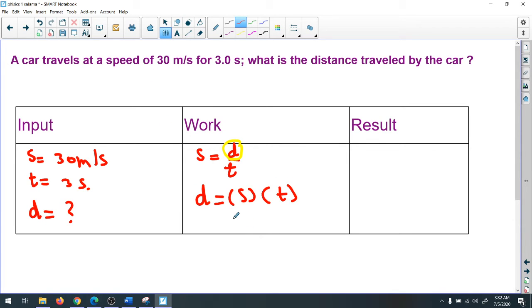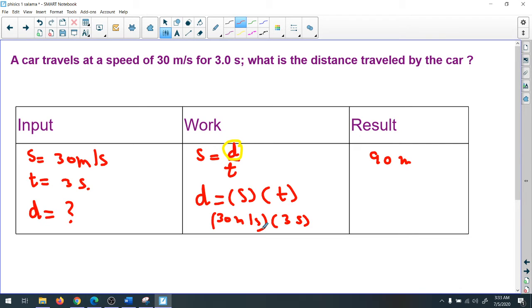So distance will be s times t, speed times time. The speed is 30 meters per second, and the time is 3 seconds. If we multiply 30 times 3, it will be 90 meters.